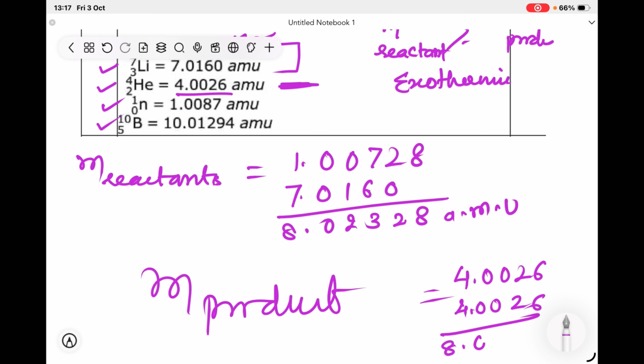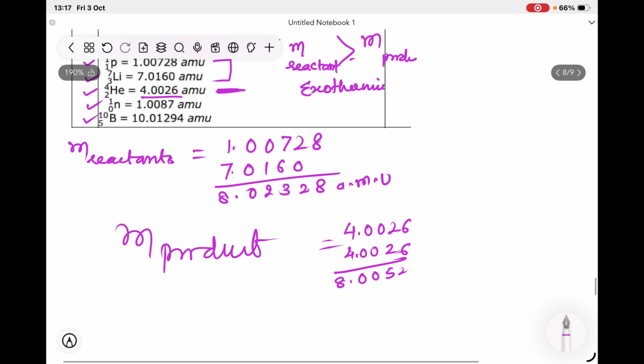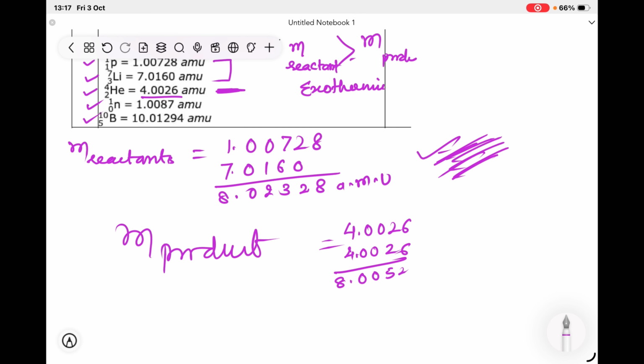So it is coming as 8.0052. So this is less. Mass of product is less than that of reactant. And if it is so, then that means it is exothermic. If mass of reactant is more, because it is 8.02 and this is 8.00, then this is exothermic.